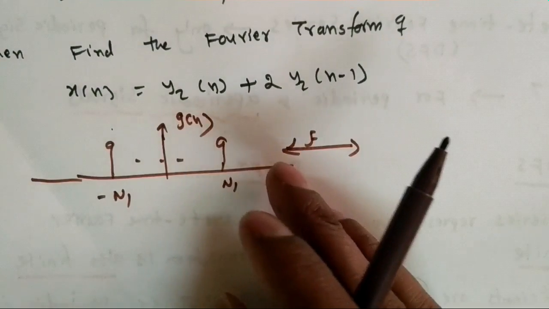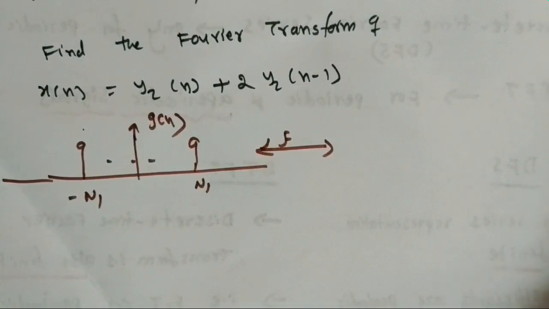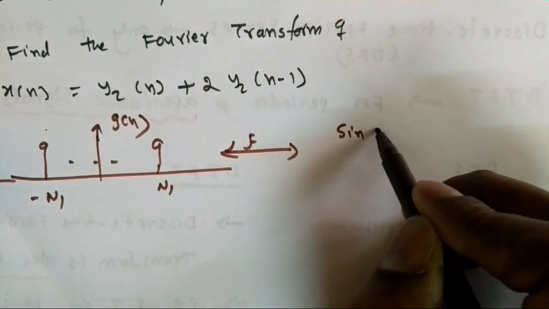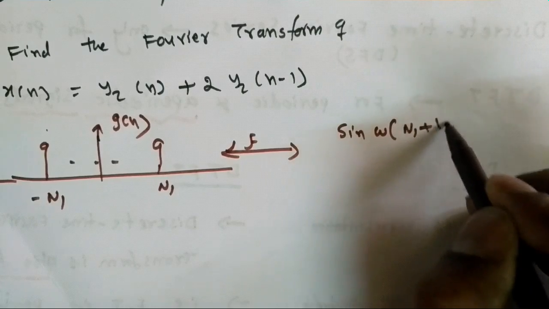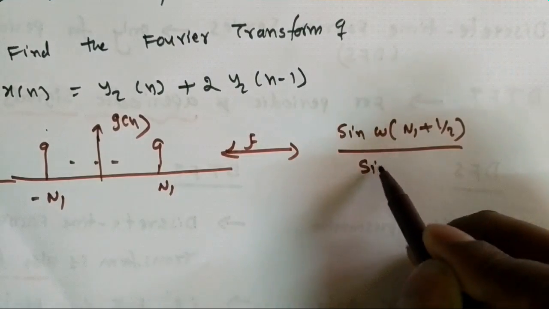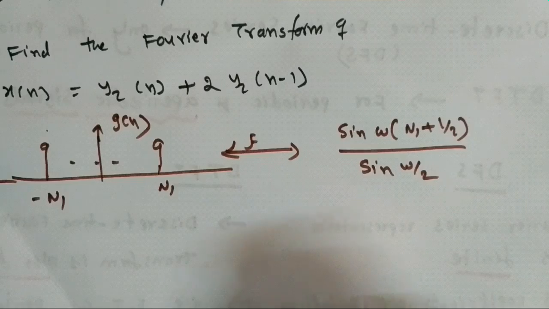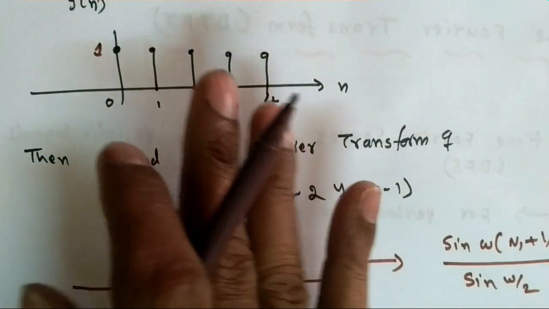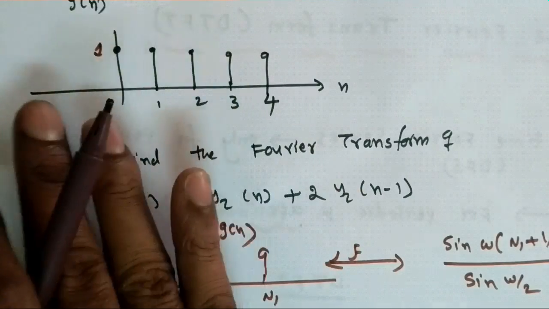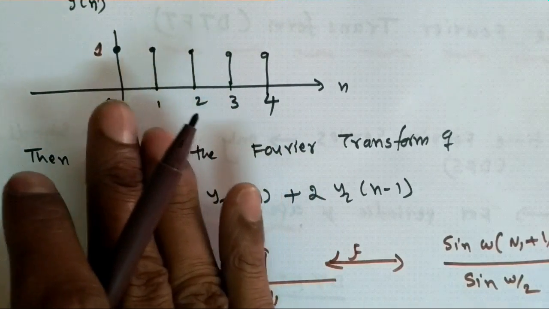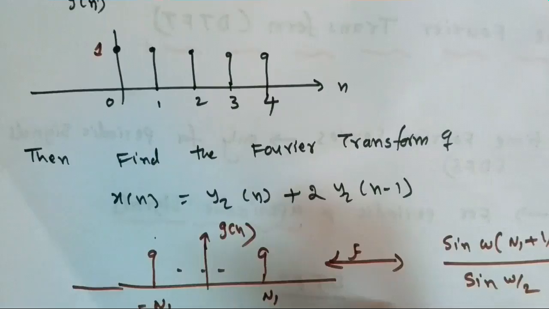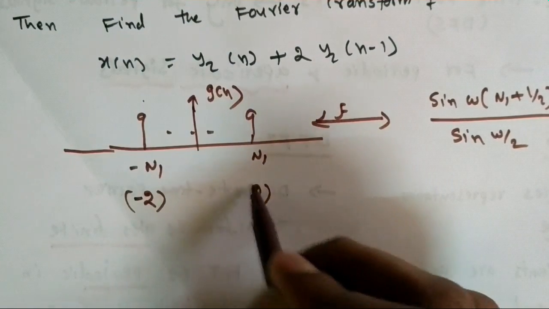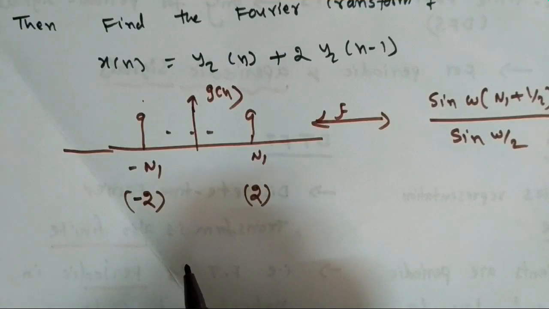In the table also we discussed any rectangular function; it can be represented by the Fourier transform sine omega into n1 plus half by sine omega by 2, right? Now see here, if you clearly observe, if I left shift by 2, that is n plus 2, this will become minus 2 and this will become plus 2. So that means this should be minus 2 to 2, because it will have 4 impulses.